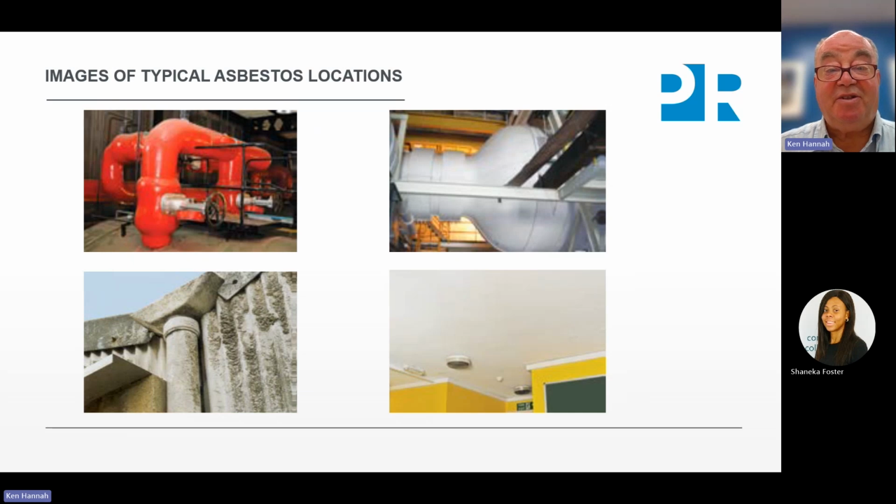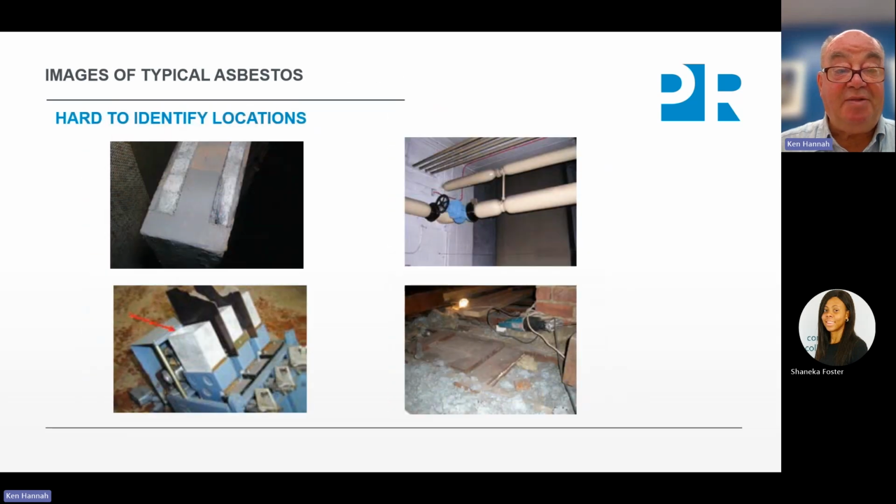So anywhere where there is hot water or hot air, or it's required to be insulated in some way, could have contained asbestos prior to the year 2000. And then anywhere around fuse boxes or tiles or lagging or valves, again, could contain asbestos in hard to identify locations.